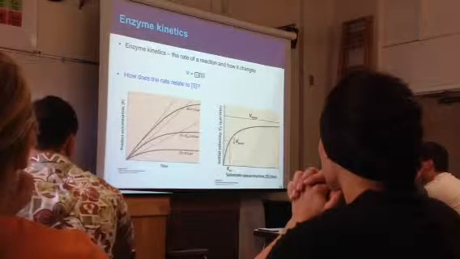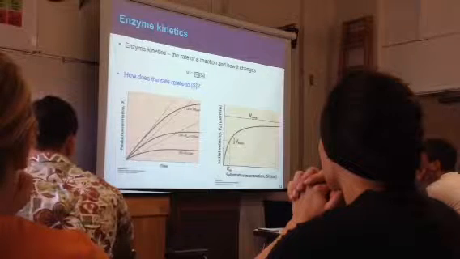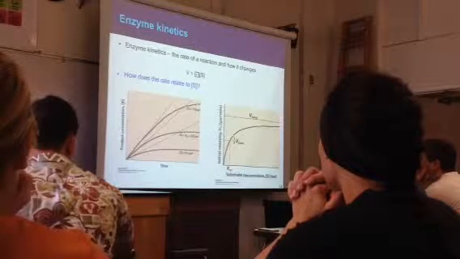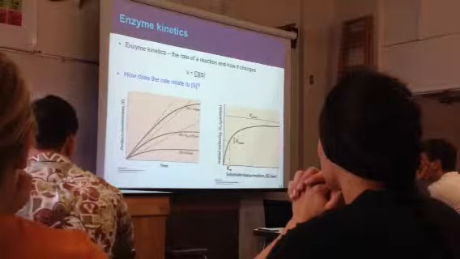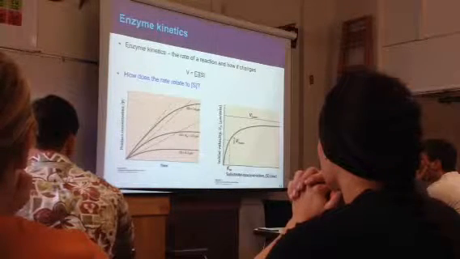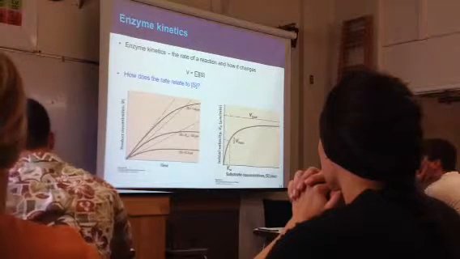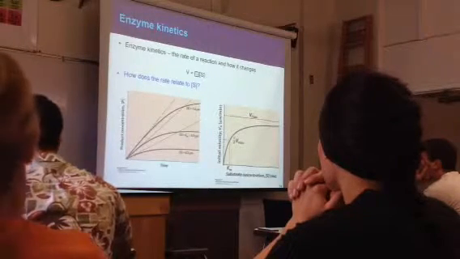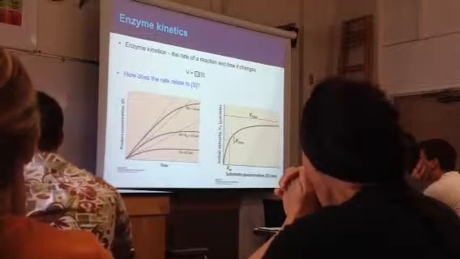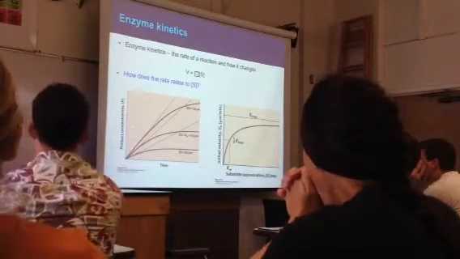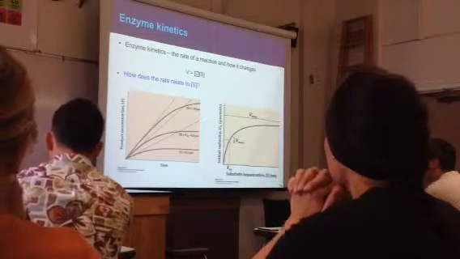Each one of these graphs is a separate setup where we have the same amount of enzyme, okay, but a different amount of substrate at the beginning of the reaction. And then the reaction starts, and we detect the concentration of product over time.